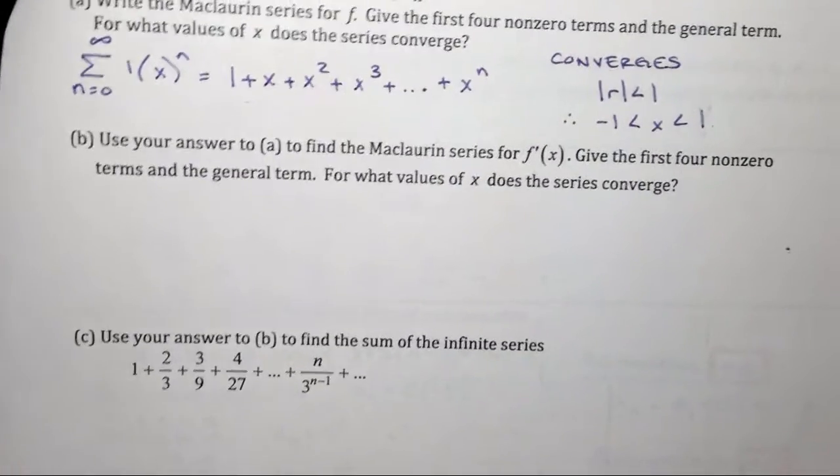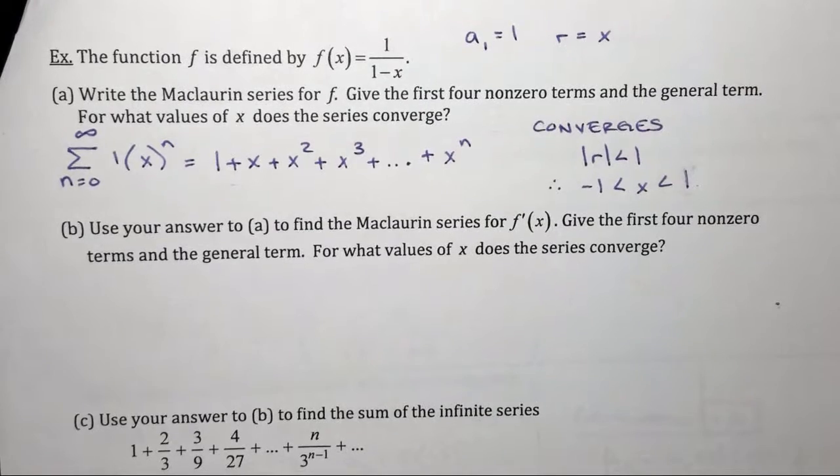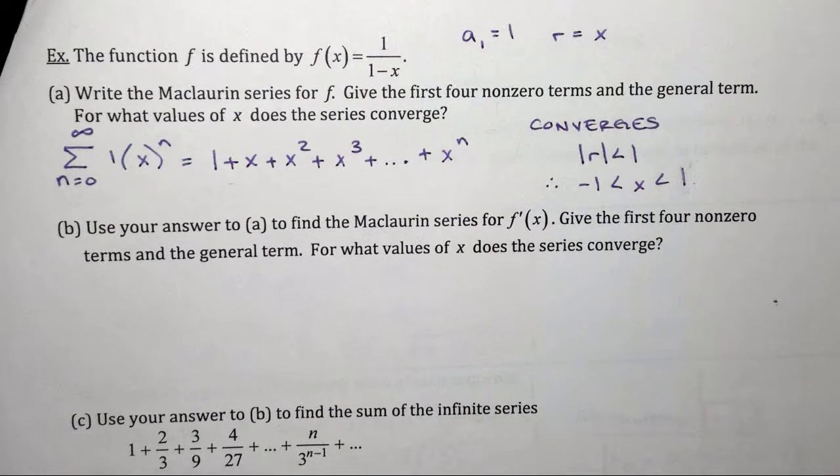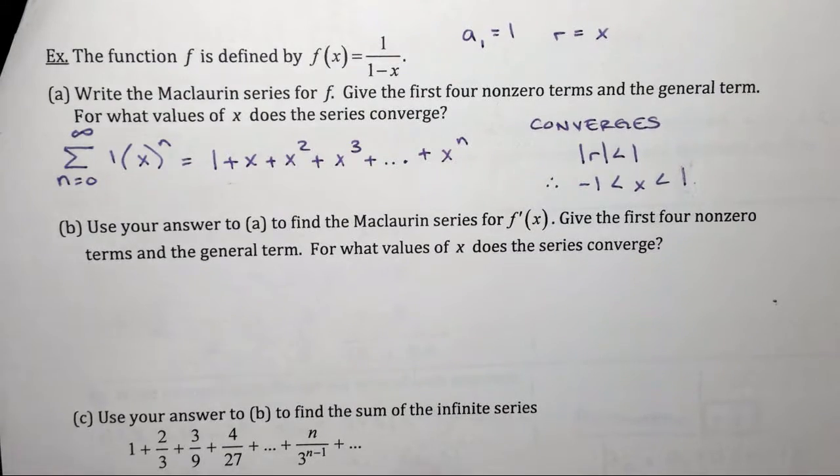Okay, use your answer to A to find the Maclaurin series for f prime of x. Give the first four non-zero terms and the general term. For what values of x does the series converge?